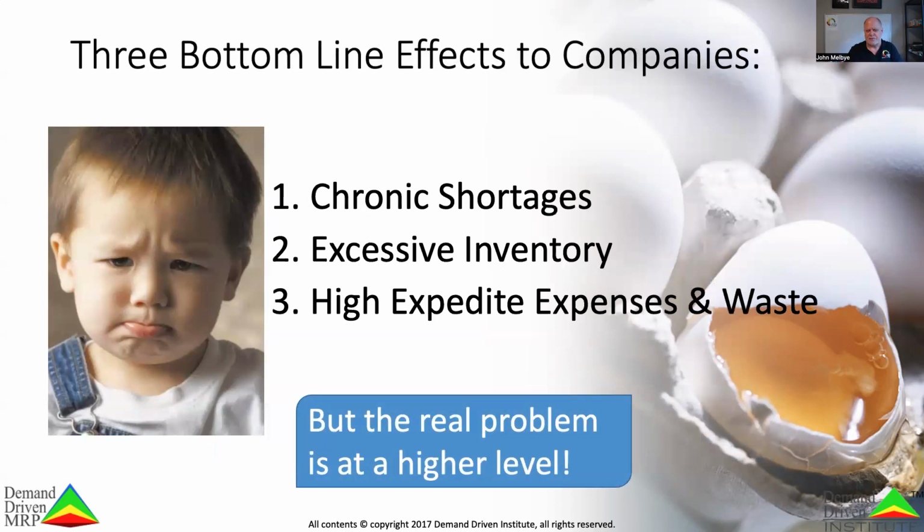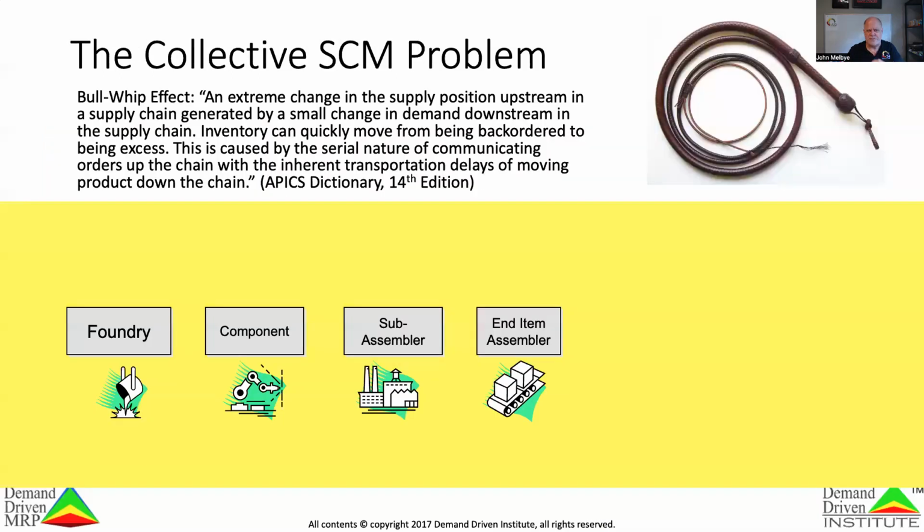But these are the symptoms. The real problem is that we have something called the bullwhip effect. The definition is clear, and I think most of us have heard of it. A small change in one end of the supply chain will create a huge change in the other end of the supply chain.